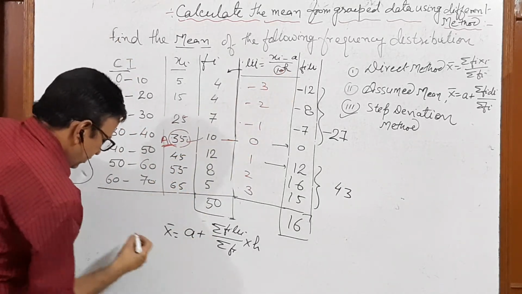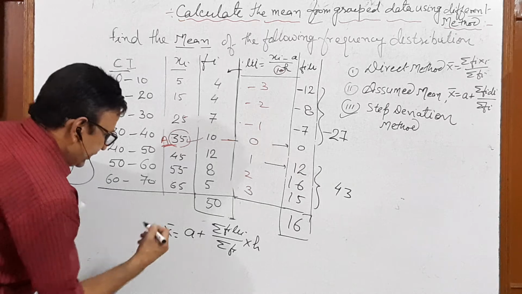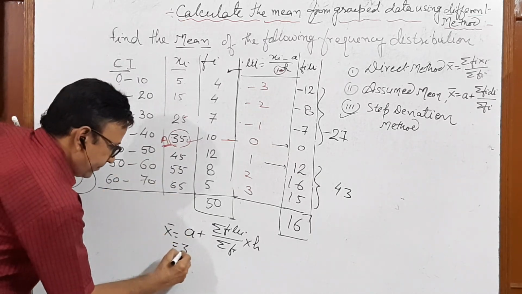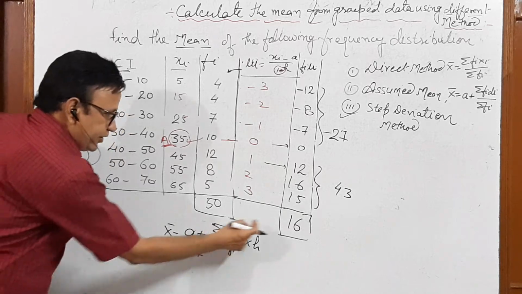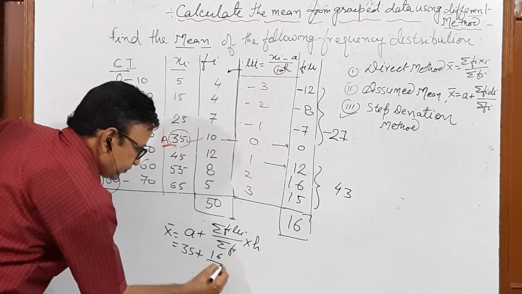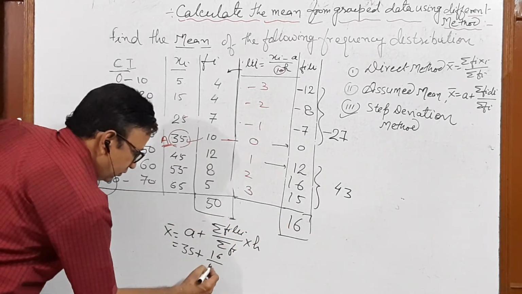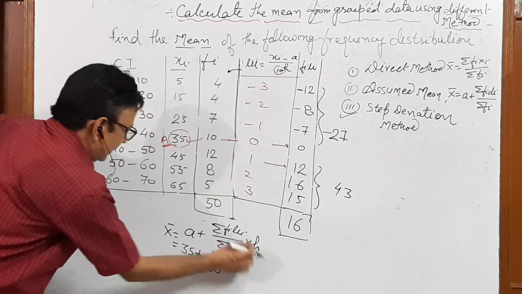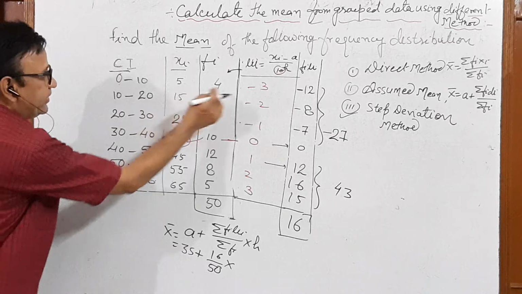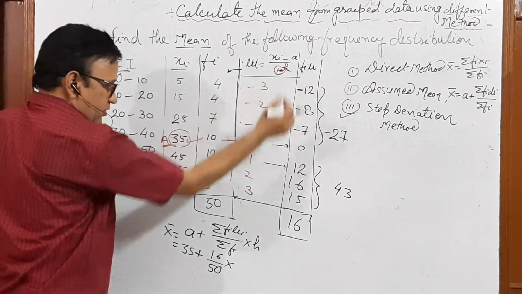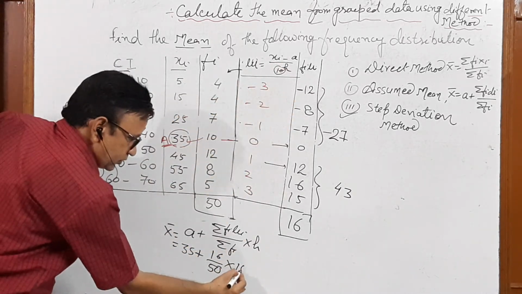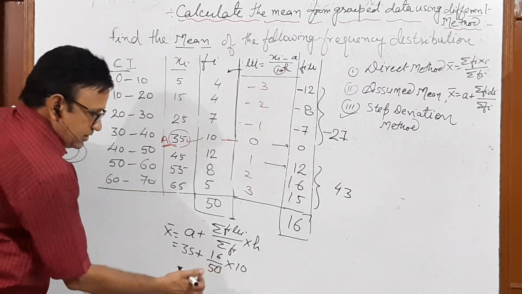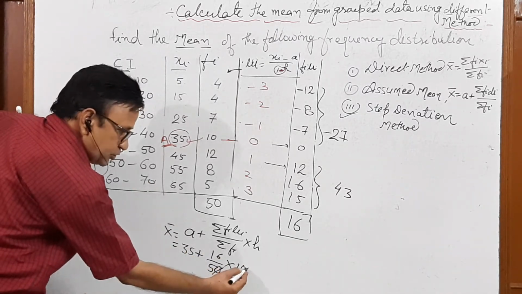So here a means 35, plus sigma fi ui 16 upon 50. This is the length of the class interval, that is 10, 10, 10, everywhere 10. Here we divide, so here we multiply. You can check your previous question. Of course, we are getting the same answer. 0 and 0 have gone.